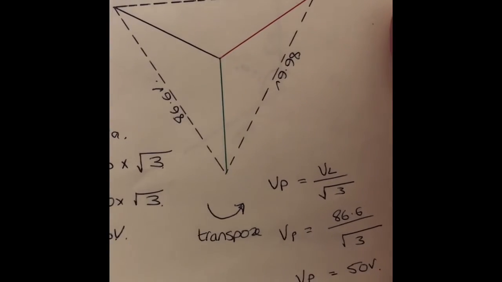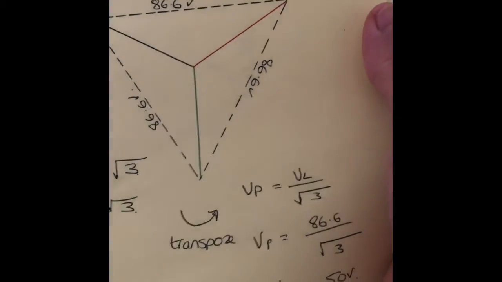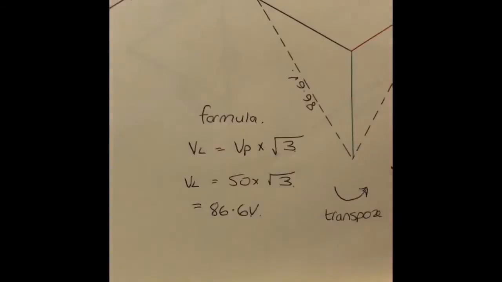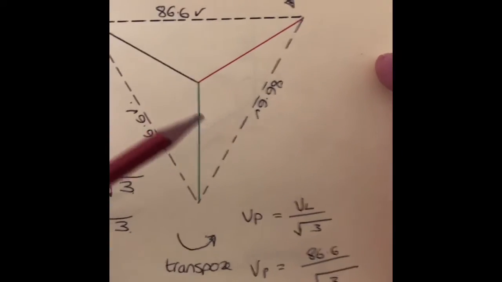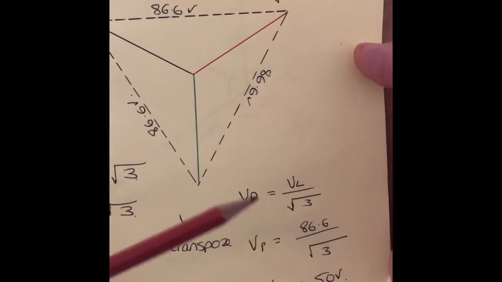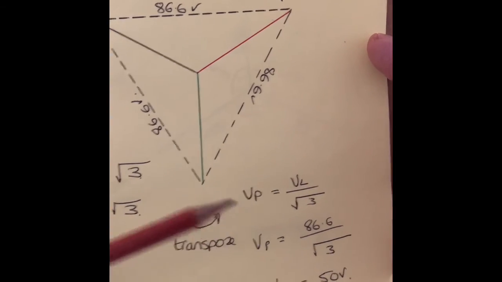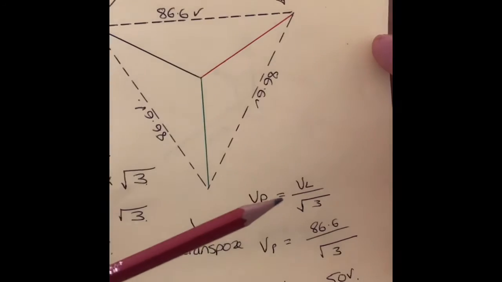The two things that we do need to make sure that we can do with these formulas is that we can transpose them, because we might be given the star system to review. However, we might be given the delta system to review through these questions. So here I've basically just transposed it. Rather than looking for VL, we're now looking for VP.